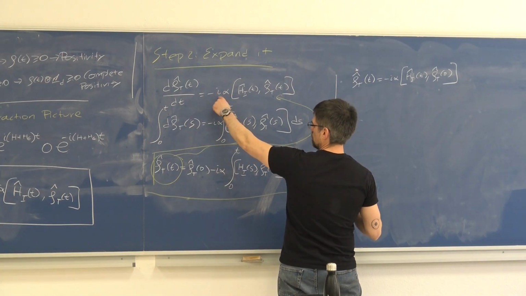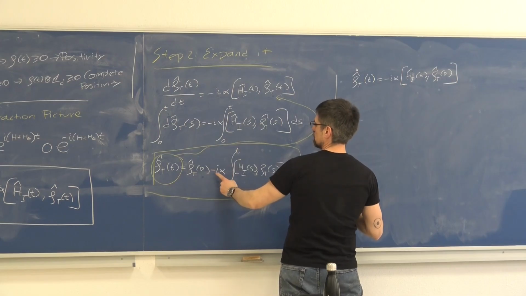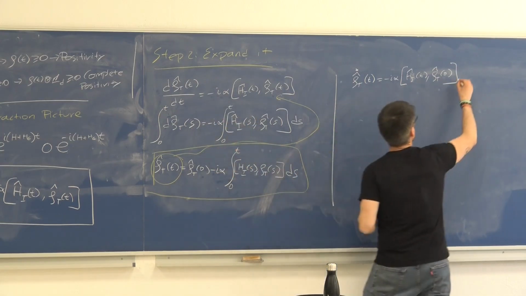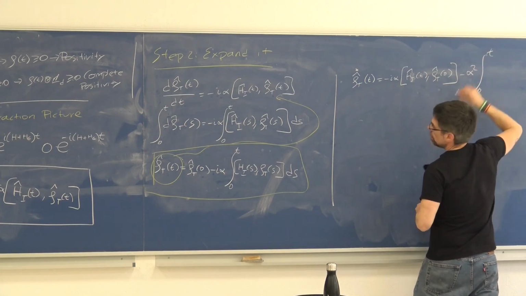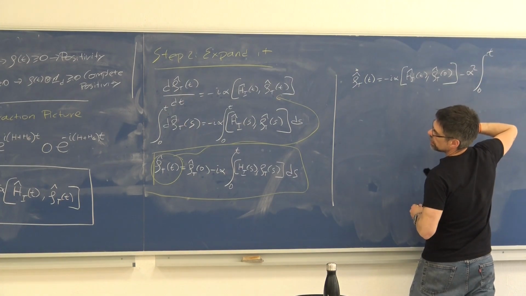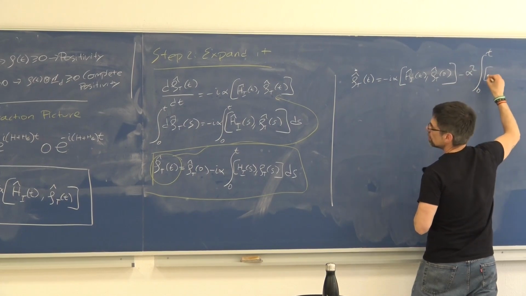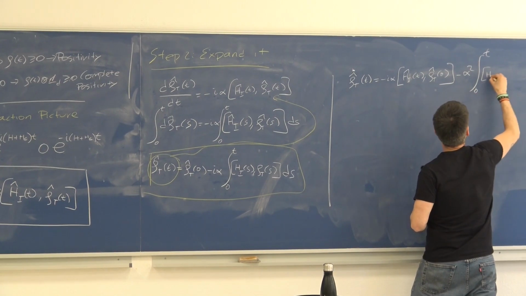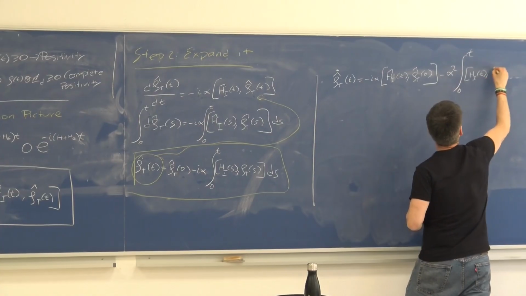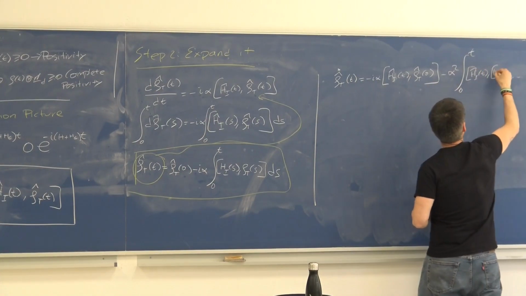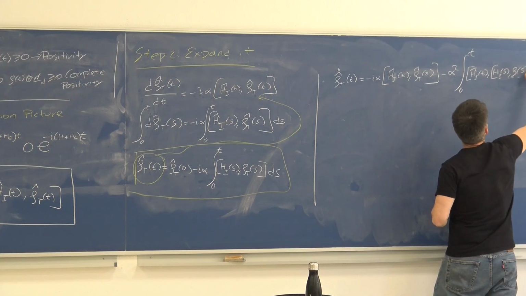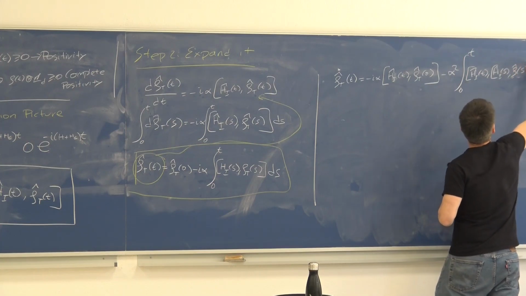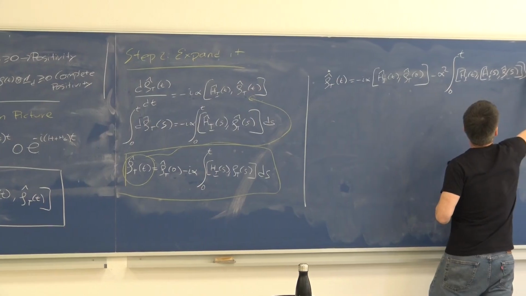Yeah, it is minus times minus plus i times i, minus alpha squared, integration between 0 and t of H_I of t, commutator of H_I of s, rho of s hat, close, differential of s.